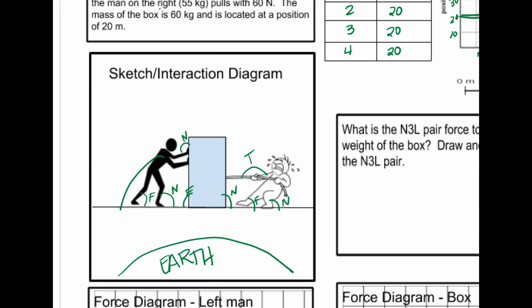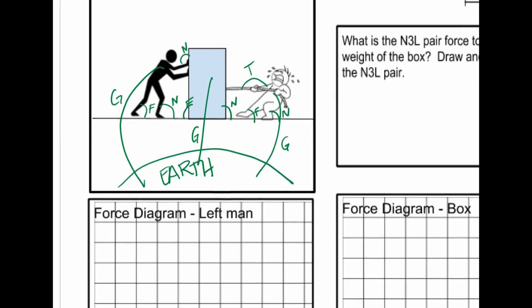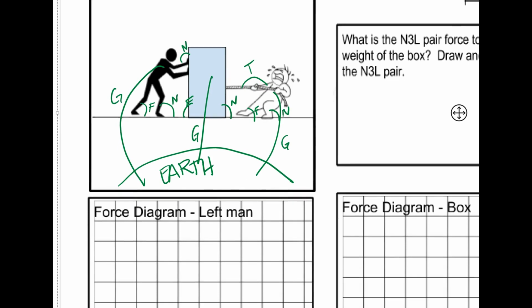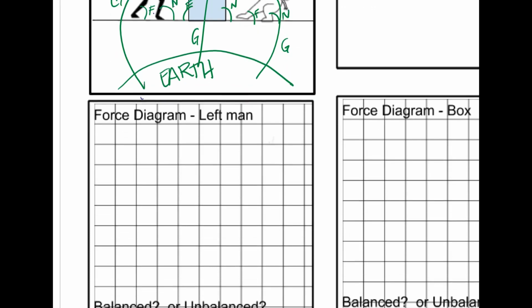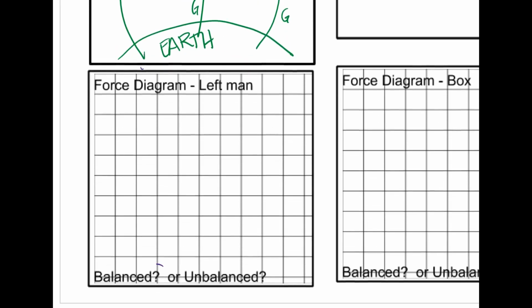And each of them has gravity. So the man on the left has an interaction with the earth, with friction, normal, and so then that's 4 interactions. Okay, and we know that it's balanced because they're not moving.